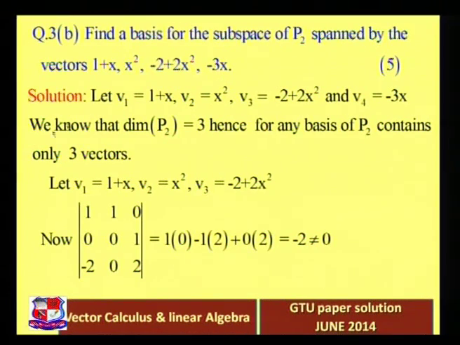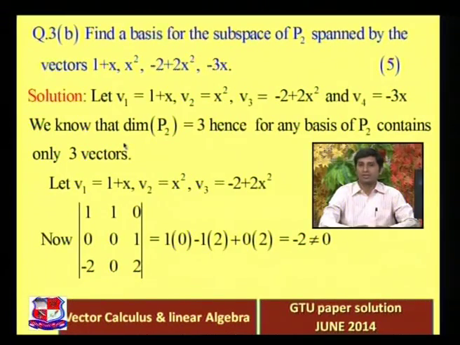Now generally we know that dimension of Pn is equal to n plus 1. So in particular dimension of P2 is equal to 3. That means in any basis of P2 there are exactly 3 polynomials.